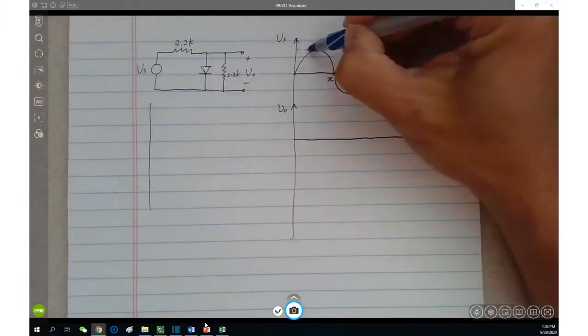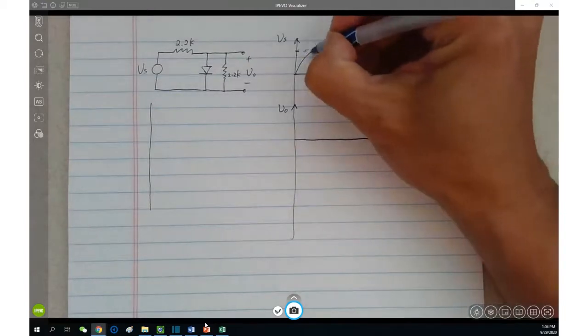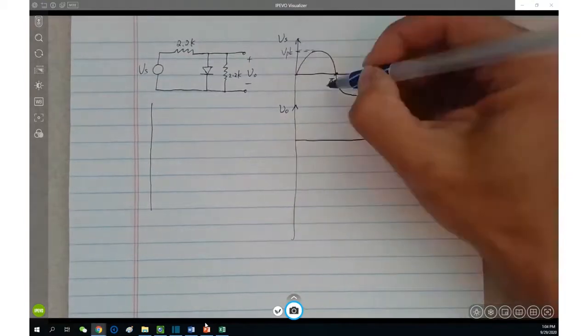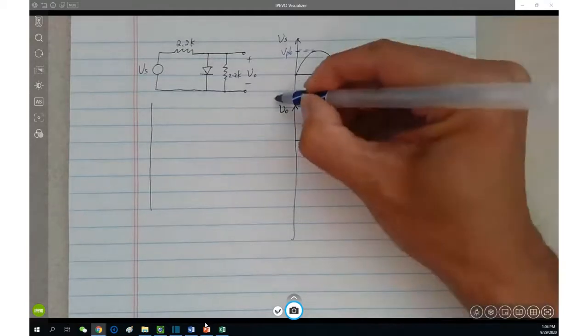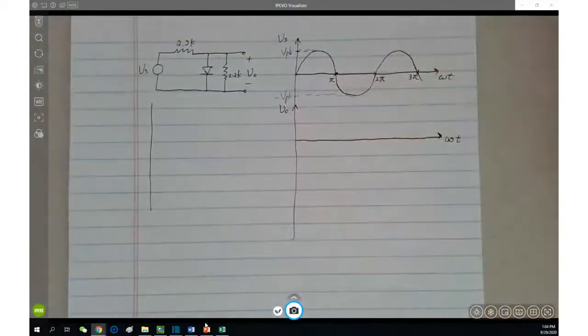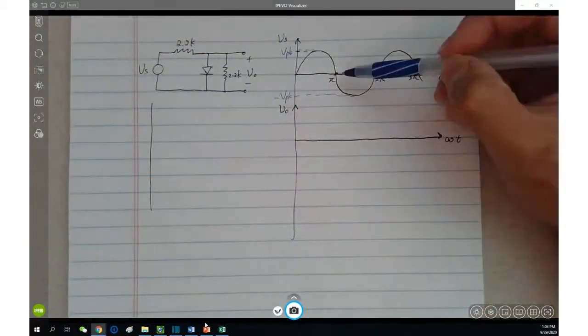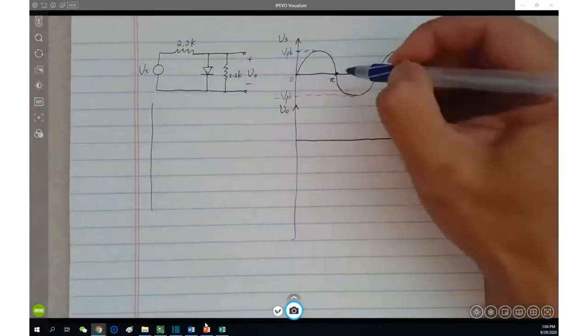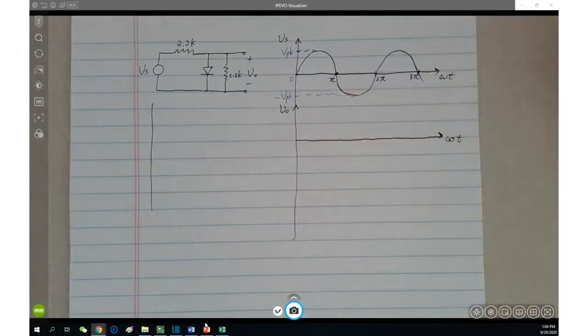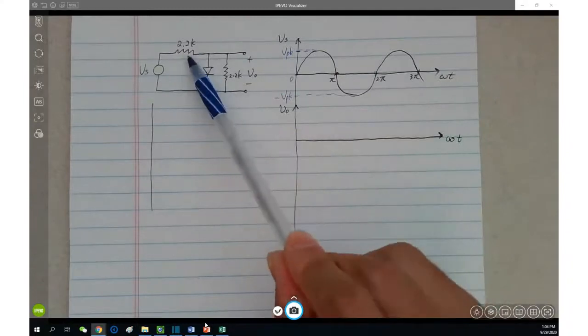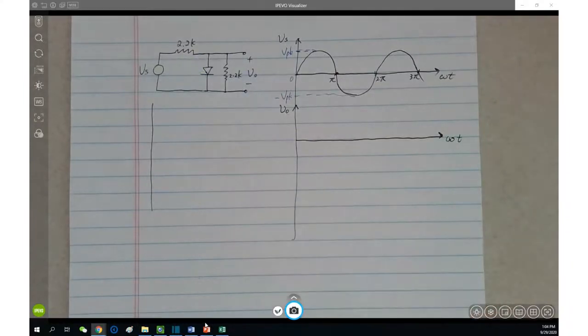Let's assume here is a peak value, V peak, and here is negative V peak, and the zero crossings are at 0, pi, 2 pi, 3 pi, multiples of pi. And in the circuit, we have 2.2 kilo ohm and 2.2 kilo ohm here.